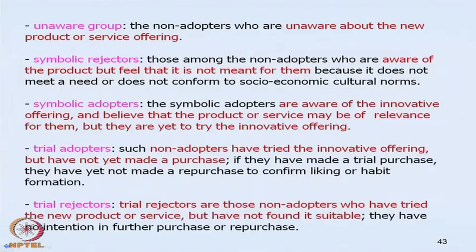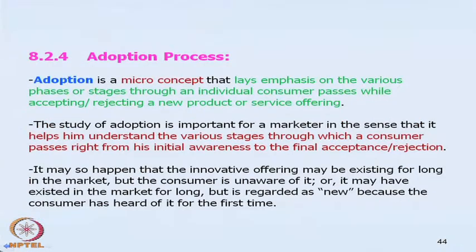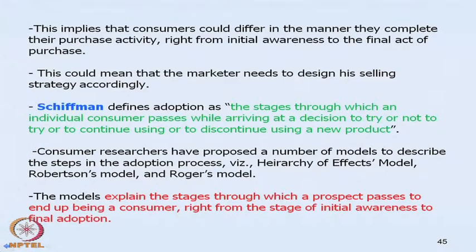Now we come to what we call the adoption process. Adoption is a micro process which lays emphasis on the various stages through which a consumer passes while making a decision whether to accept or reject a new product. So, it gives emphasis on the various stages through which consumers pass from initial awareness to final acceptance or rejection.